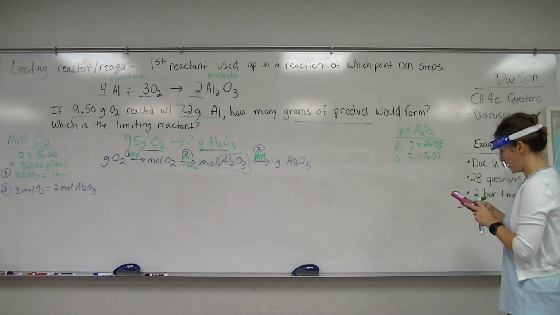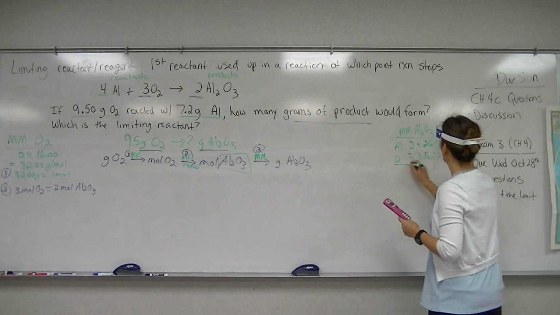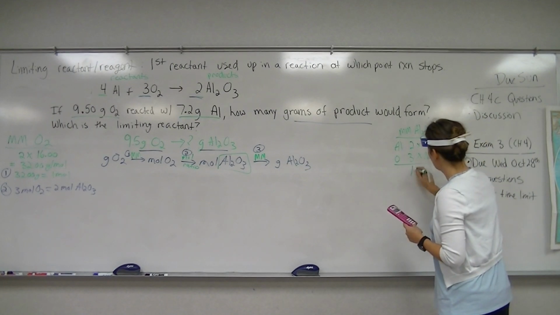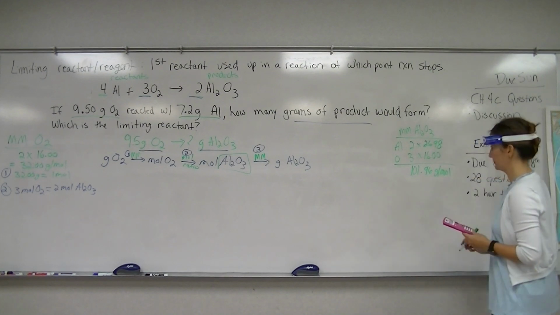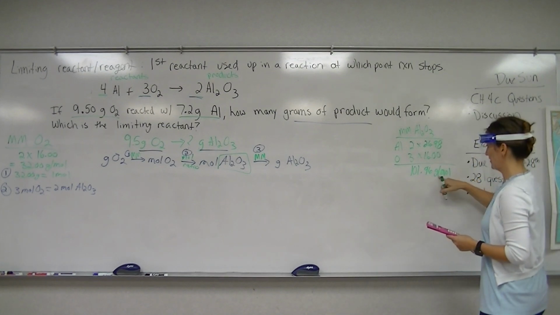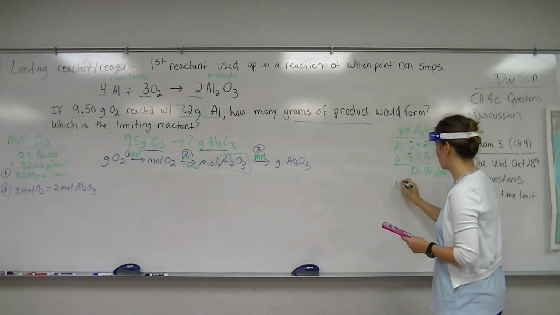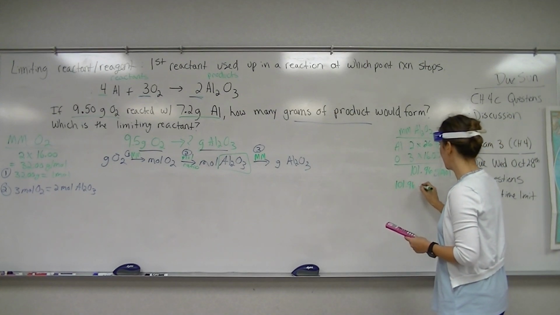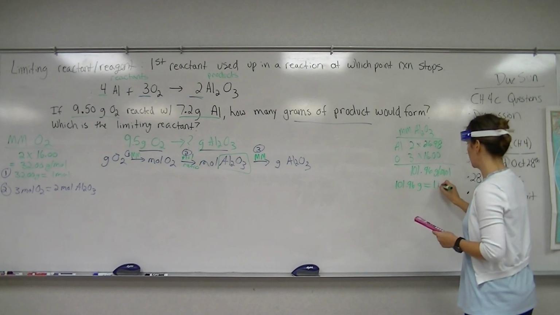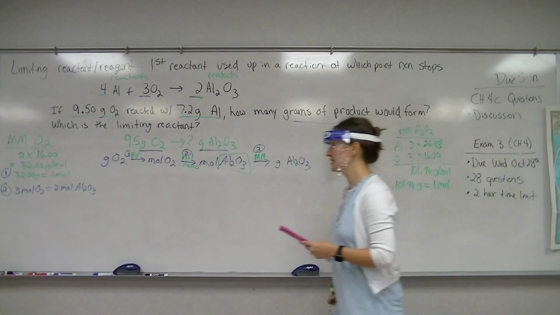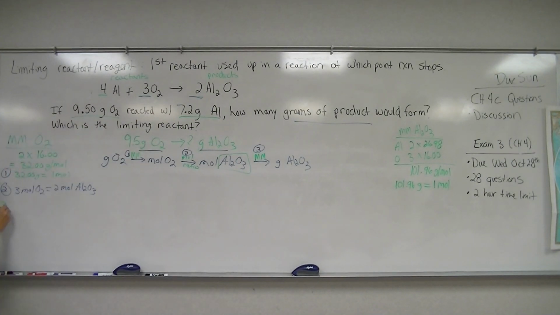So multiply across and add them all together. So I get for the total molar mass 101.96 grams per mole. Remember, that slash can be an equal sign. So 101.96 grams equal to 1 mole. So this is going to be the third conversion factor. I'm going to write it over here to keep them all together.